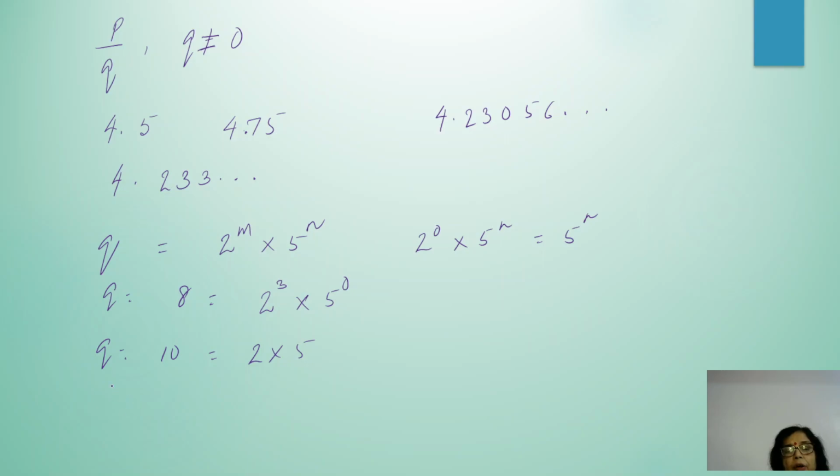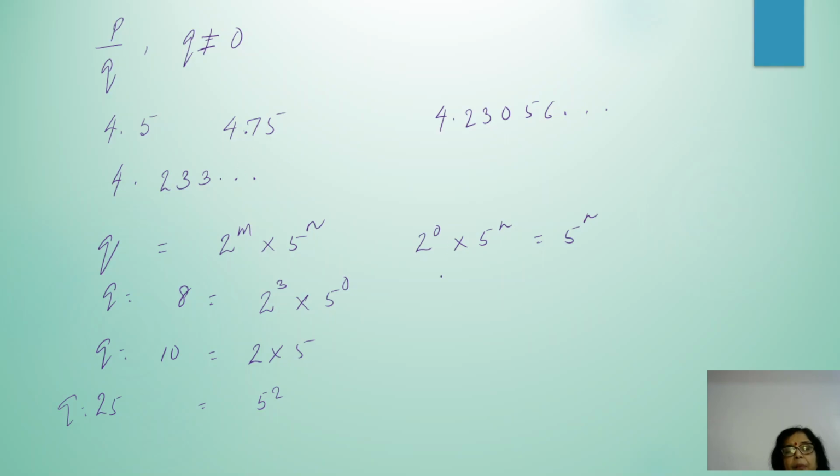If I take the denominator as 25, q is 25, so this becomes 5 square. So here 2 is raised to the index 0. So whenever we get a divisor which can be written in this format, 2 to the power m into 5 to the power n, then it will definitely be a terminating decimal expansion.